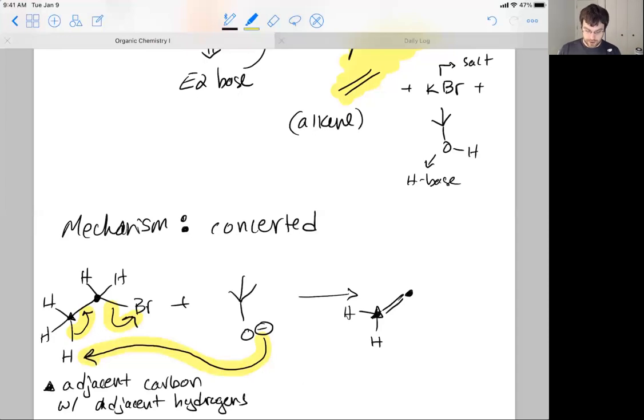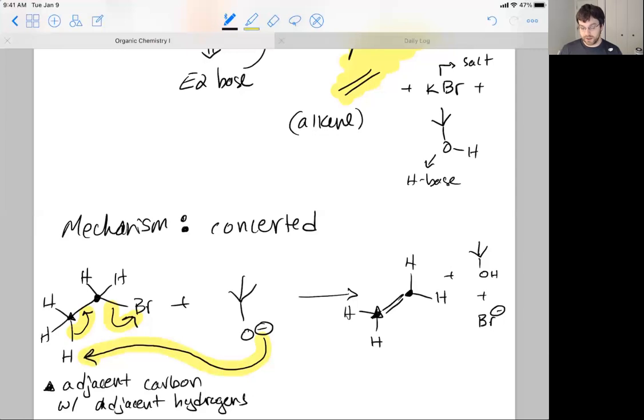That will give rise to a new carbon-carbon double bonded system, along with our H base, which we don't need to worry about after we get the hang of this reaction, along with our leaving group, which in this case has left as a negative charge. We have an overall negative charge on the left side of our reaction mechanism and a negative charge overall on the right side.